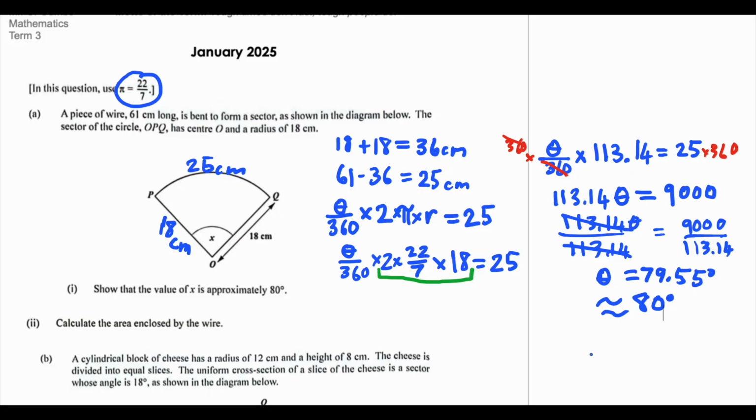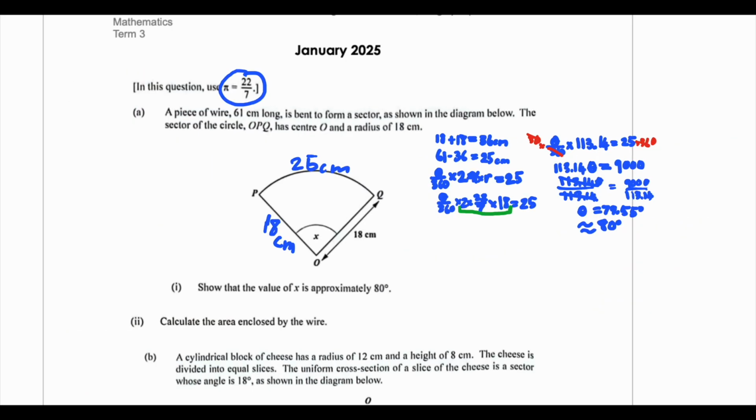Alright, let's try the area now. Since they already basically gave us a value for the angle, I'm going to use that value, which is the 80 degrees here. Let me just sketch that out. We have here 80 degrees, and we have 18 centimeters as a radius.